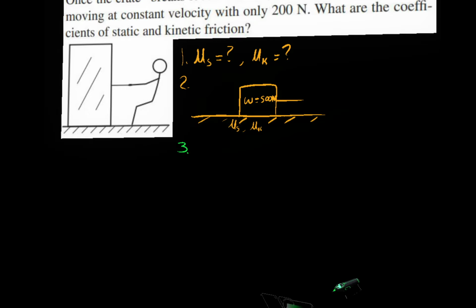So this may not have been obvious upon reading the problem, but I'll tell you since we're doing it together, and this is what examples are for, it's helpful to do a free body diagram for before the box breaks loose, and then another one for after, because the forces are different, right?